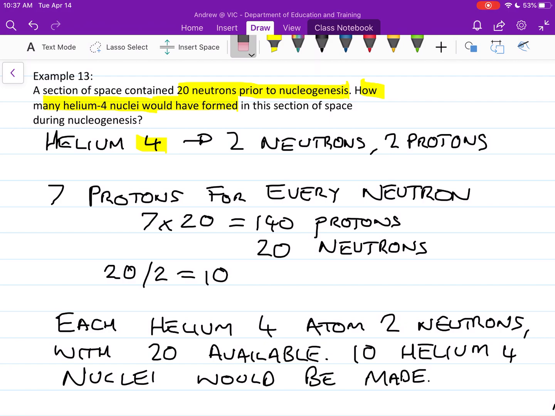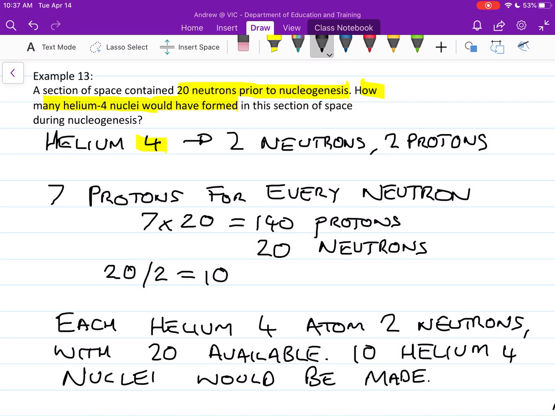Okay, so really with these questions, first you just need to break down what is made up of what you're looking at. So with helium-4, this has got 2 neutrons and 2 protons. Then we just need to figure out if it's going to be our protons or our neutrons that are going to determine how many are going to be made.